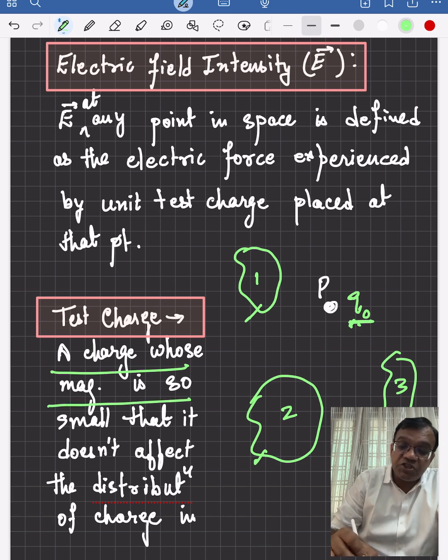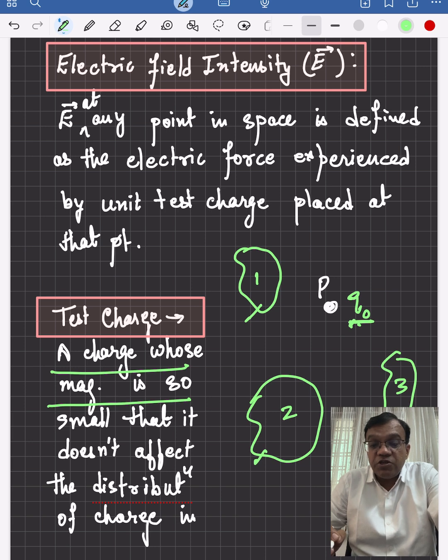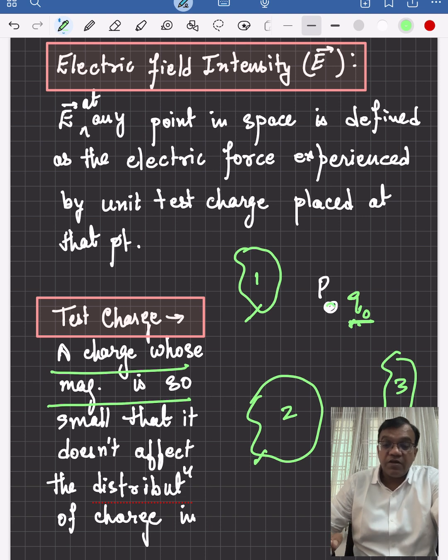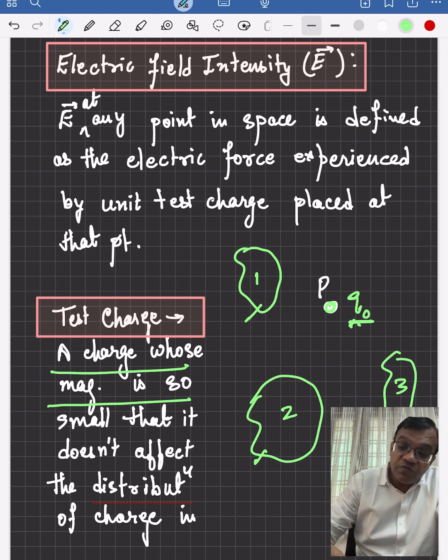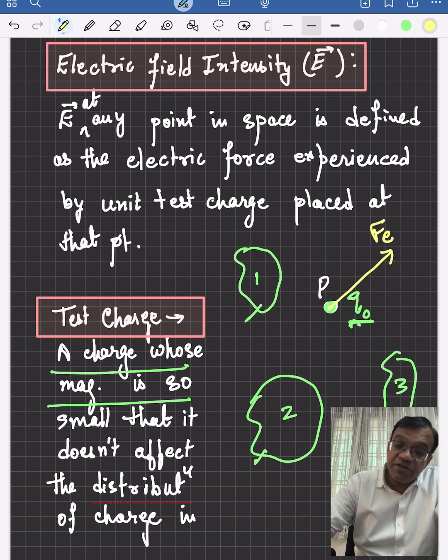A test charge is a point charge whose magnitude is so small that it does not affect anything in the space. So if we have to find the electric field at point P, we'll place a Q naught here and find out the electric force experienced by it.